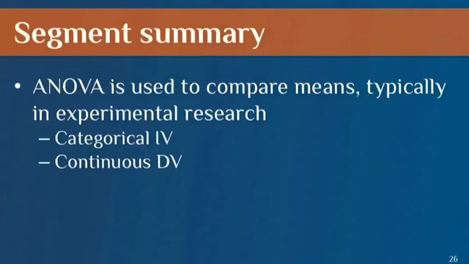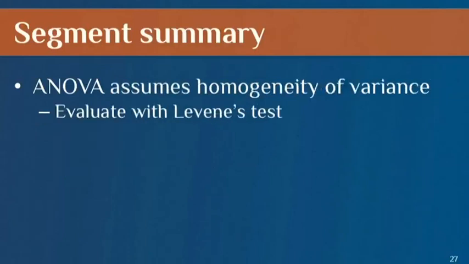So to wrap up this segment, ANOVA is used to compare group means, typically in experimental research. We're going to assume a categorical IV and a continuous DV. We have to check the homogeneity of variance assumption because we're pooling variances across different groups, and we do that with Levene's test.